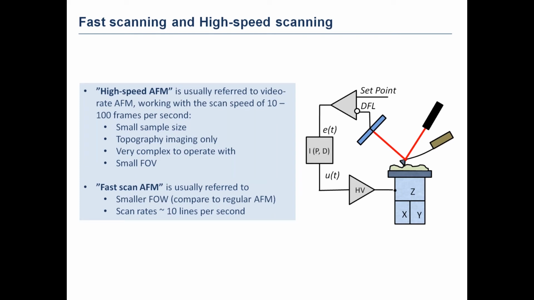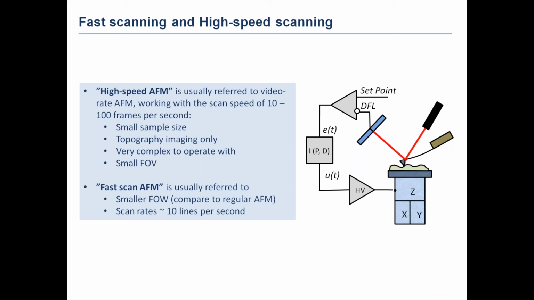The first is high-speed AFM, usually referring to video-rate AFM working with a scan speed of 10 to 100 frames per second or even higher. This AFM has its own niche, but usually has small sample sizes, allows topography imaging only, is very complex to operate, and has a small field of view.